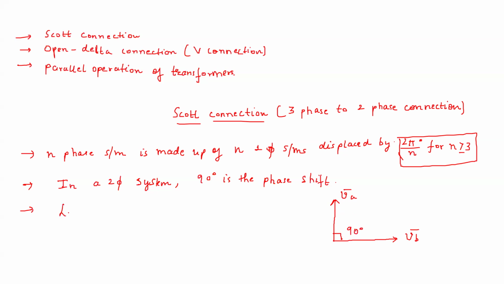So here the leading phase is A. Generally, this two-phase secondary voltage is used for an arc furnace.